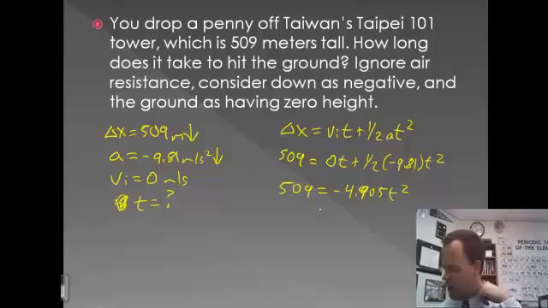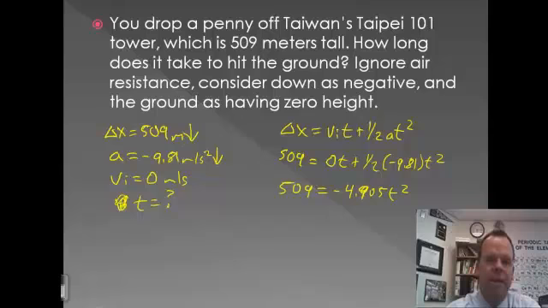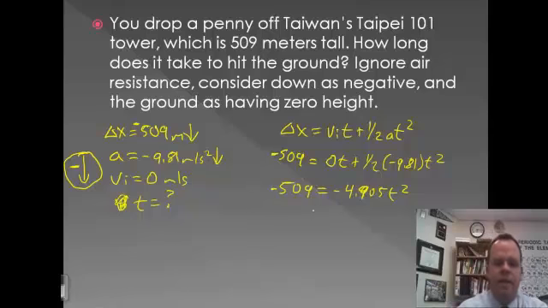Let's divide 509. If I made down here negative, here's a mistake, a little change I forgot to mention. Make down here negative, you've got to pay attention to direction. I didn't do a good job of that at the beginning. That means this has to be negative, which means this has to be negative. Since everything is down, we made down negative.